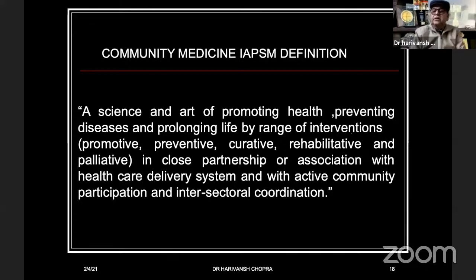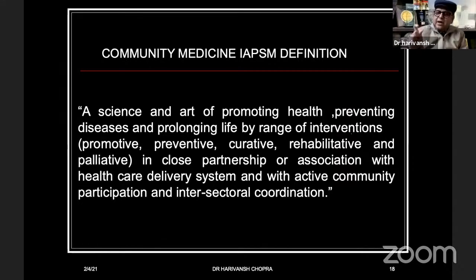Health need is the need which is determined by the planner or the administrator, and felt need is the need which the community feels. And if you are able to convert the health need into the felt need, then that program or that intervention is going to be successful. You'll have to remember this. This is the key to success, to practice community medicine, to practice preventive medicine.